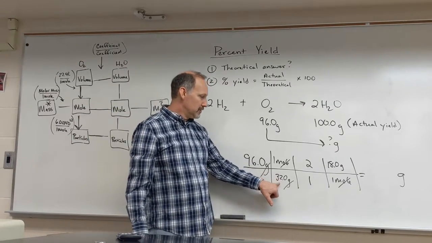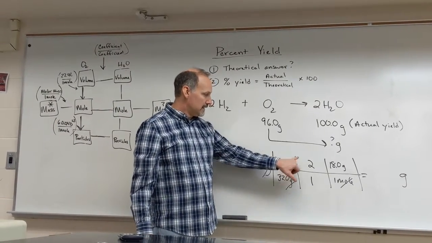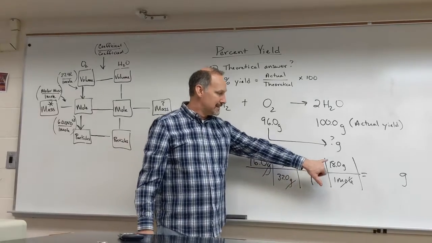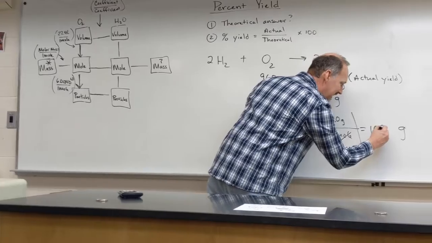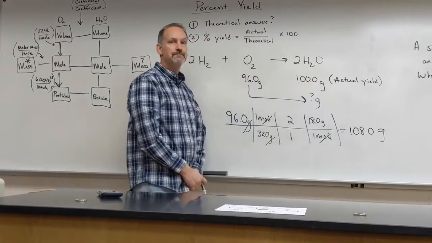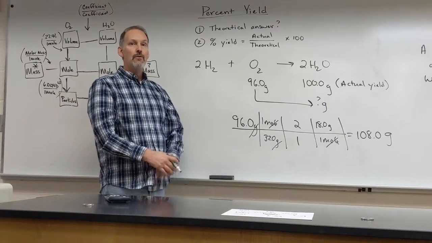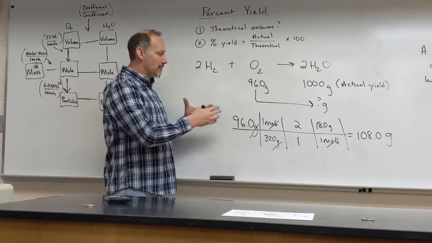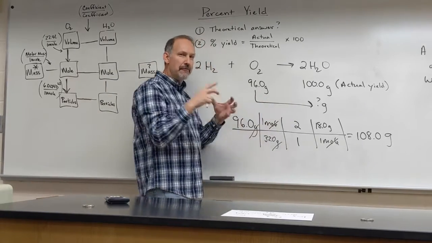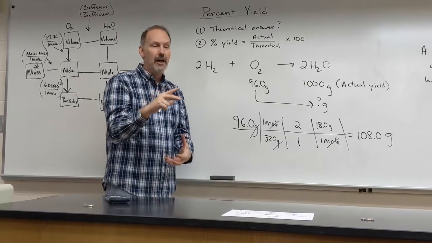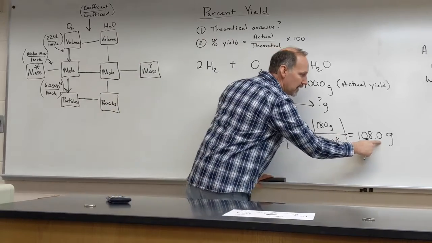And so now we do our math. 96 divided by 32 is 3. 3 times 2 is 6. And then 6 times 18 is 108 grams. So, this is what it's telling us. From this math, if I could have used up all this oxygen and been very, very careful, I could have collected 108 grams.